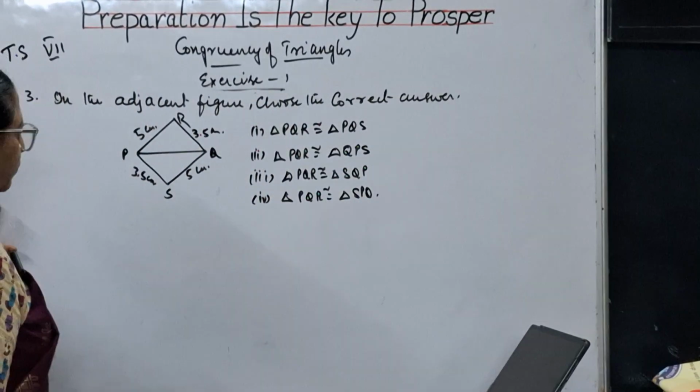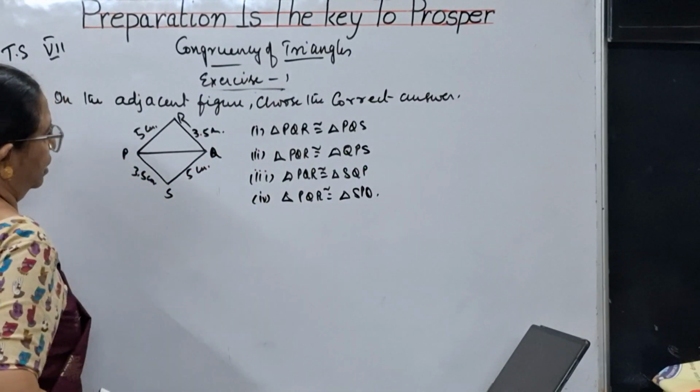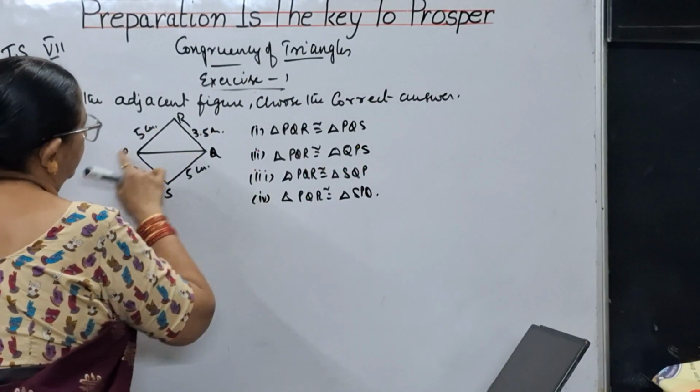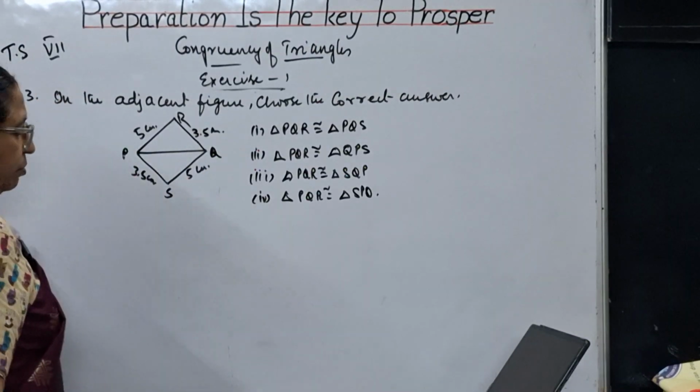PQR is the triangle at the top, and the other one is the triangle at the bottom.